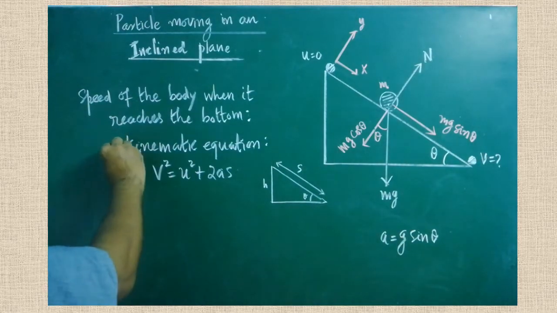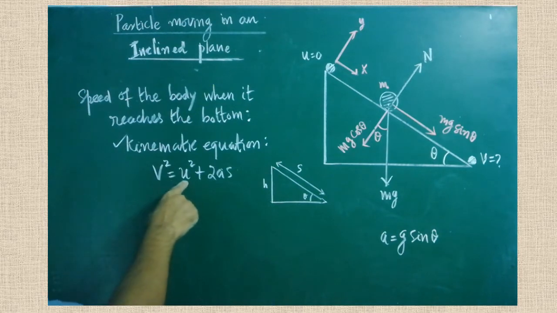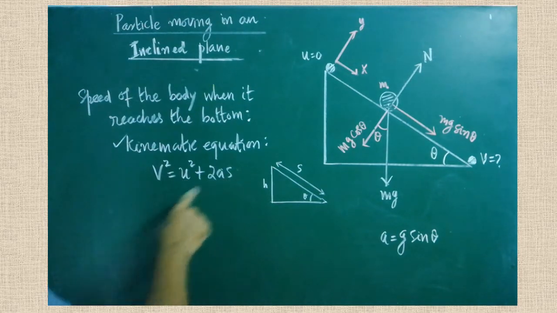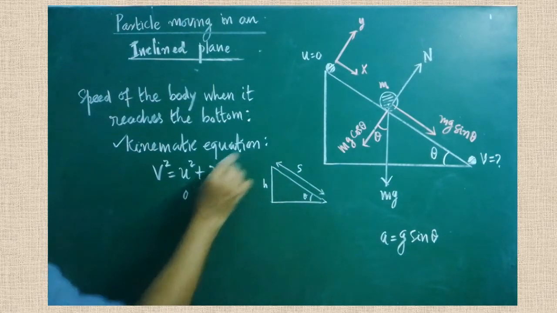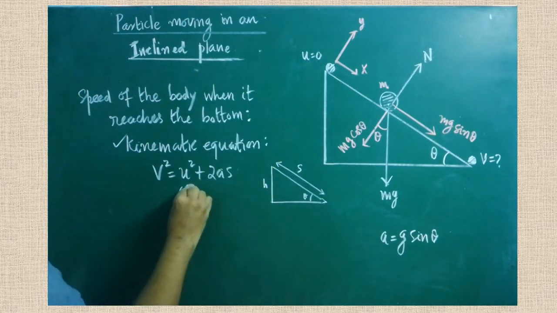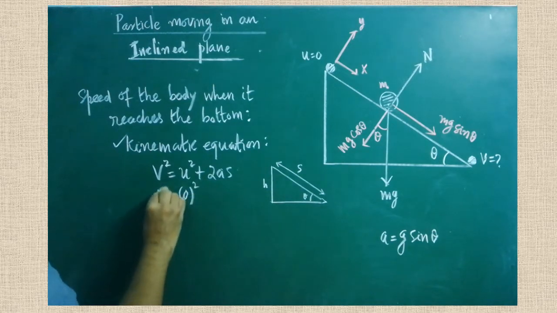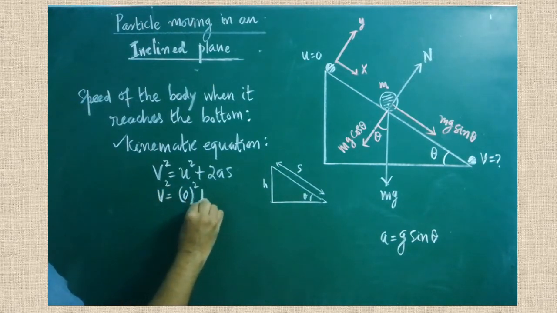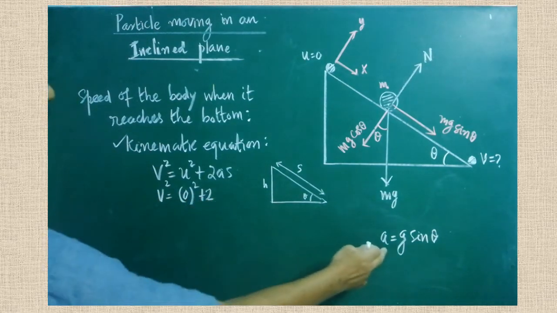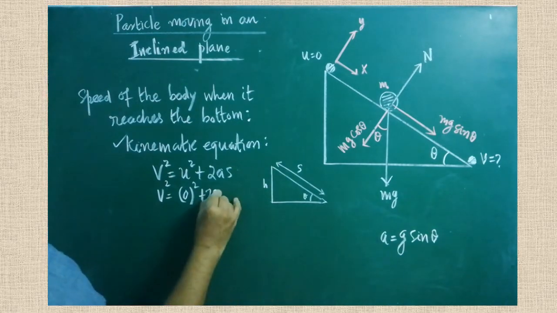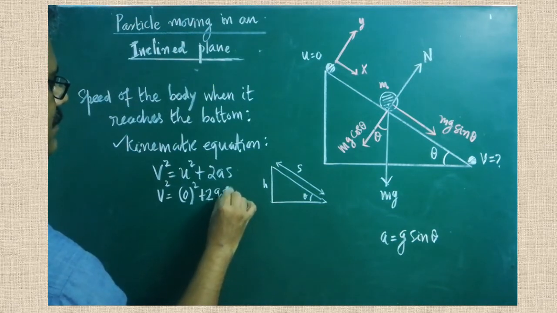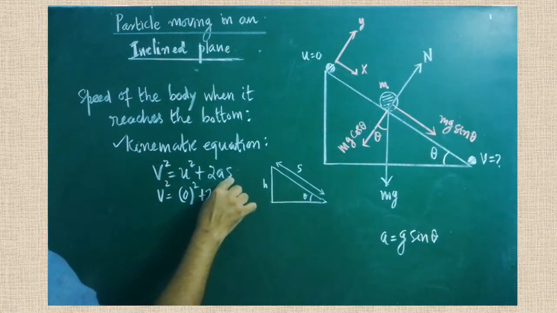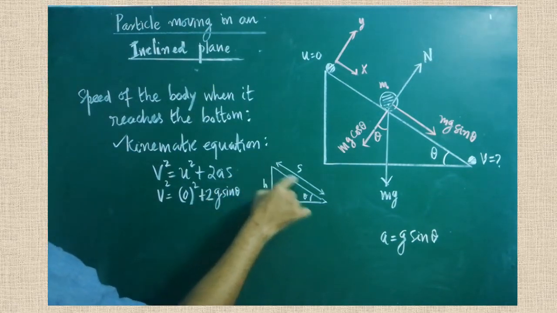For that we have to use the kinematic equation v squared is equal to u squared plus 2as. Here we know that u is equal to 0. Initially the velocity is 0, so v squared is equal to 0 plus 2as. We know the expression for acceleration: when it is descending, the acceleration is g sin theta. What is s? Displacement. When it moves from here to there, this is the length of the inclined plane.